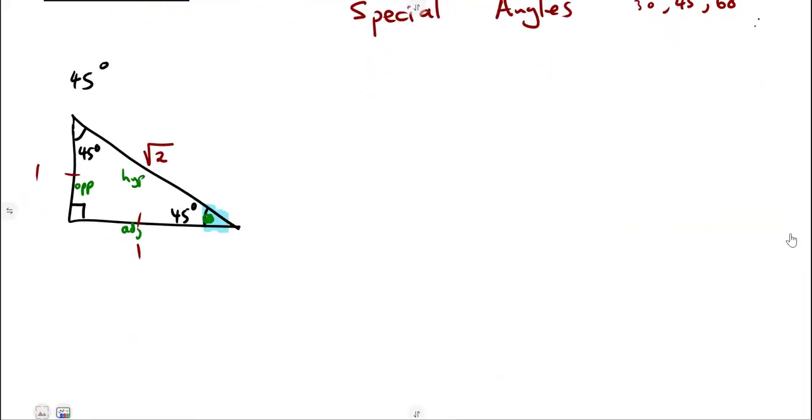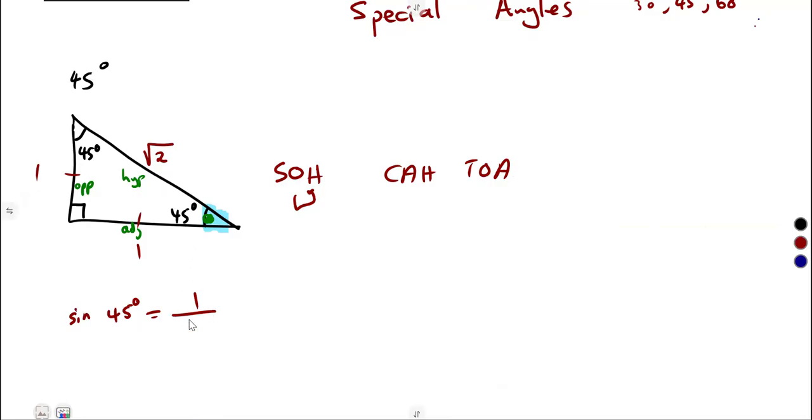So this is what we have here. The sine of the angle of 45 degrees is opposite over hypotenuse, the SOHCAHTOA concept. Our opposite is 1, over the hypotenuse, which is the square root of 2.